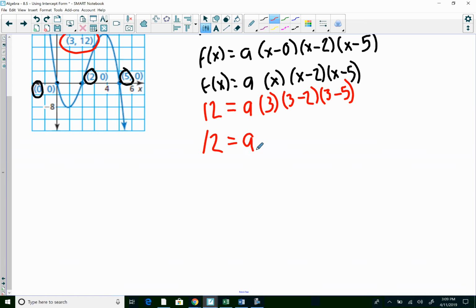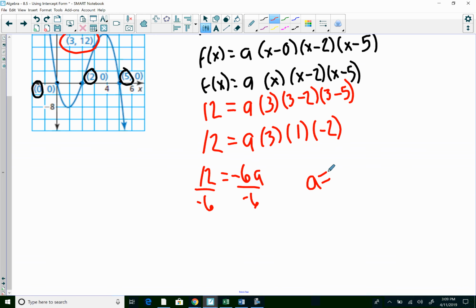So if we just go ahead and simplify, we've got 3, we've got 1, we've got -2. And then this turns into 3. 3 times -2 would be -6. Solve for a. So then your a would be -2.